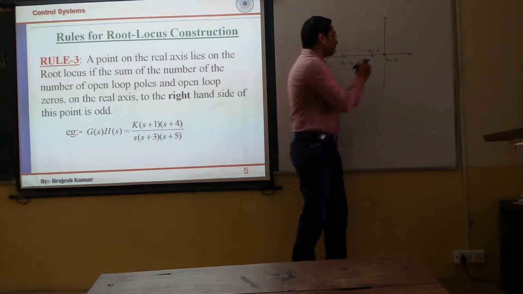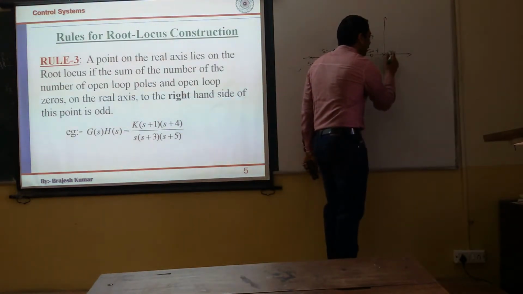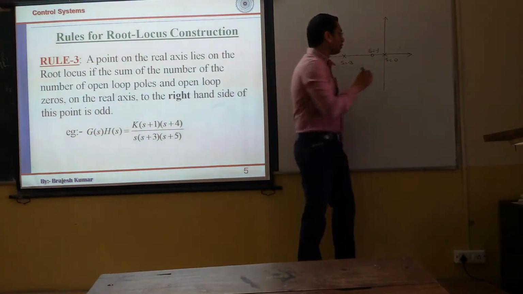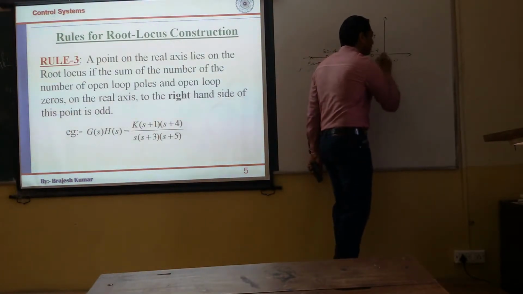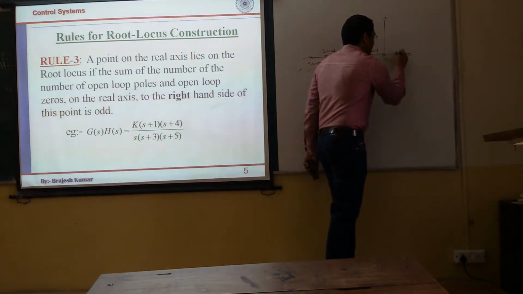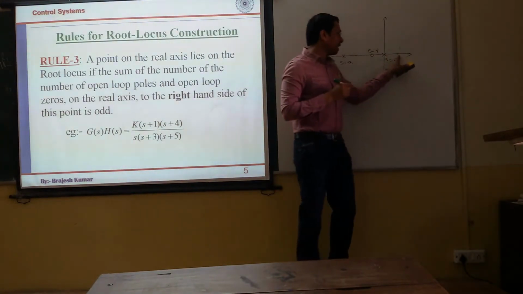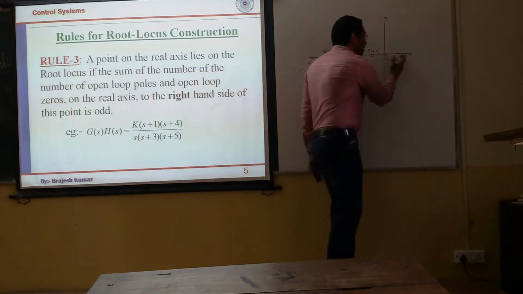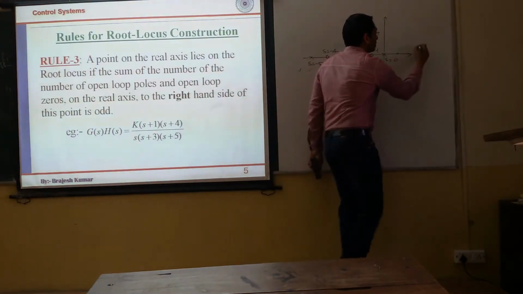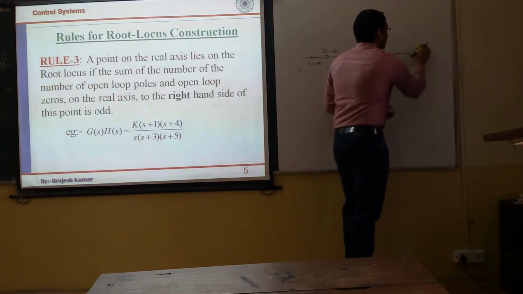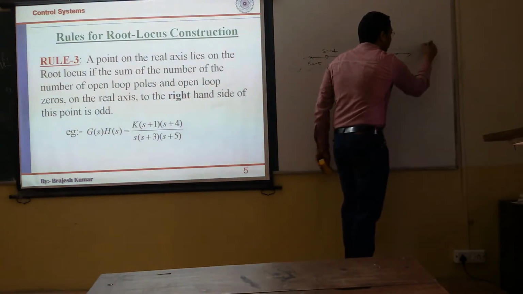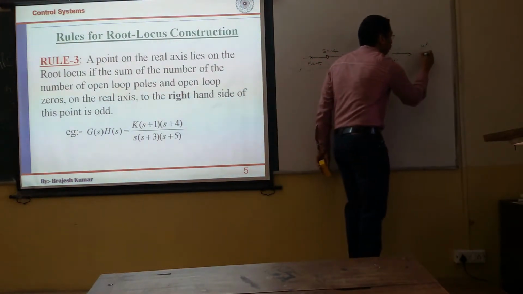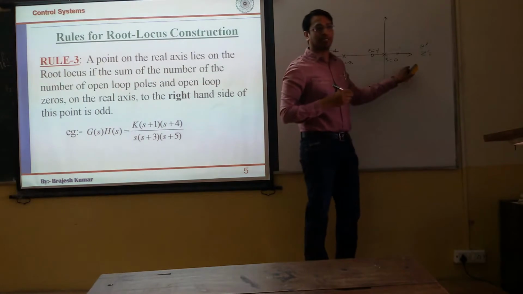Suppose I want to analyze whether the right half of the real axis is a part of the root locus or not. So I will take any point on this section and find the number, say n dash, of poles to the right side of this particular point, and the number of zeros to the right side of this particular point.